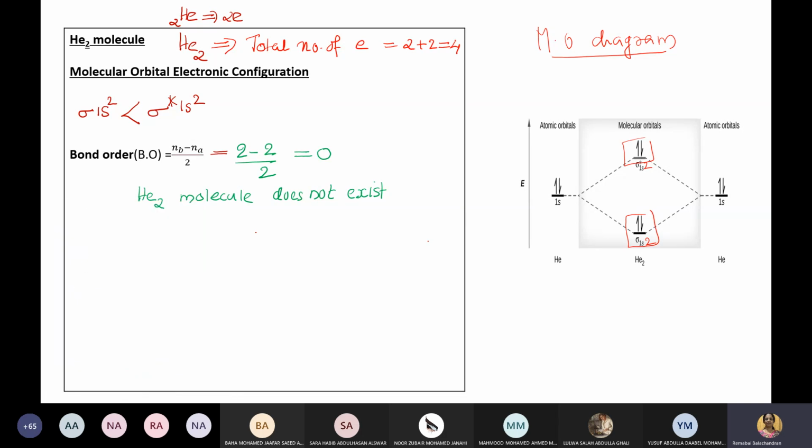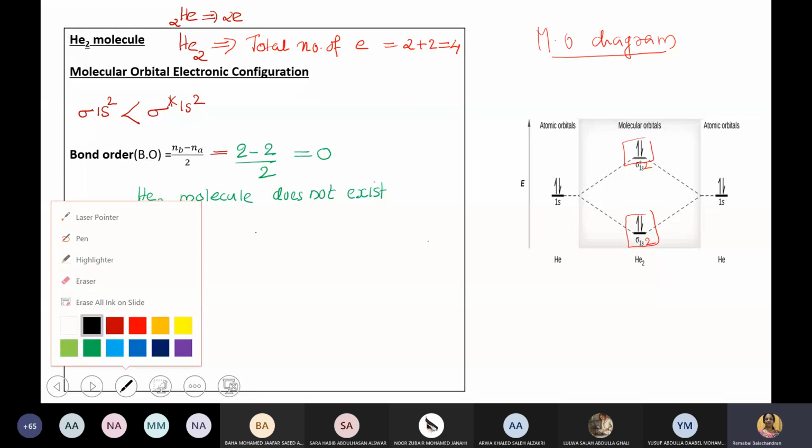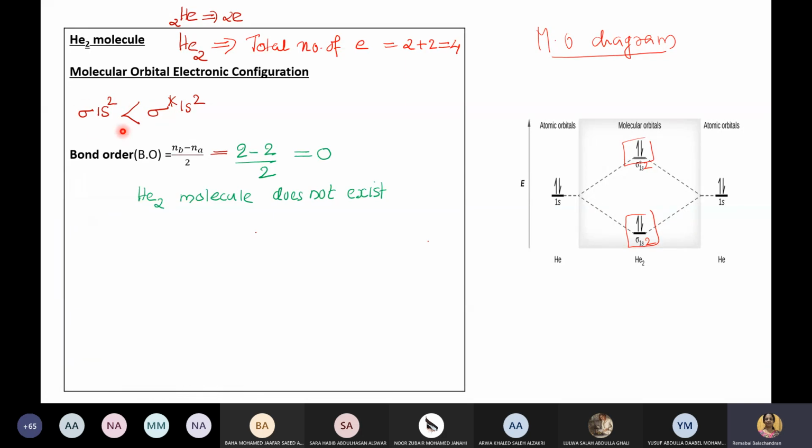Victor asks where we said there are 2 sigma star electrons. From where? This is the configuration, my dear. Can you see the configuration on the slide? You were here in the last lecture.